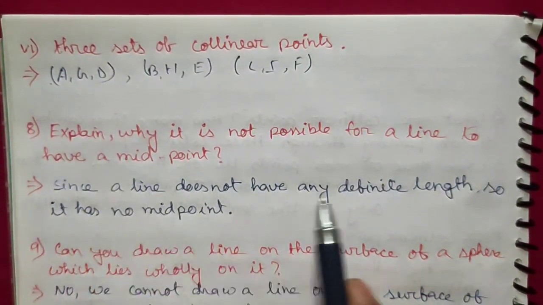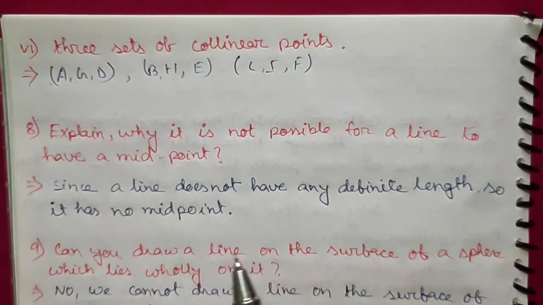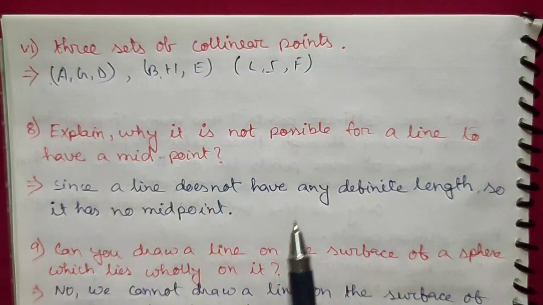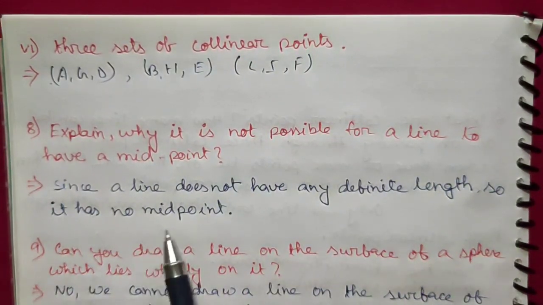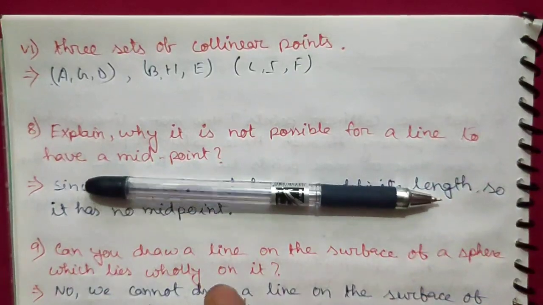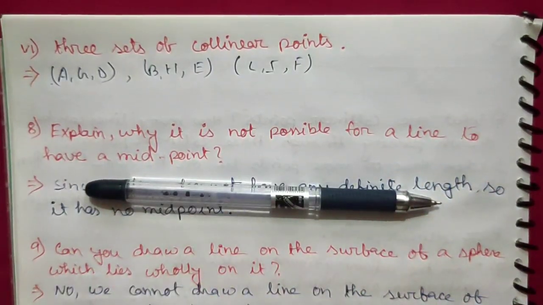Next question is: explain why it is not possible for a line to have a midpoint. We all know that a line does not have any definite length. So how can we find the midpoint? The answer will be: since a line does not have any definite length, it has no midpoint. Suppose the length of this pen is 15 centimeters, and you know the length.